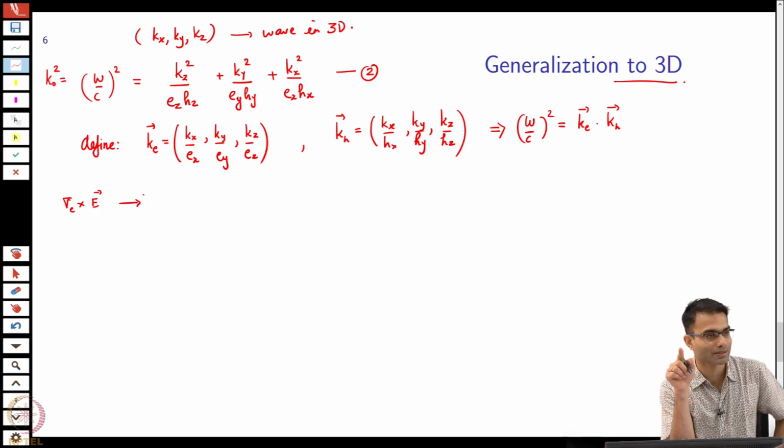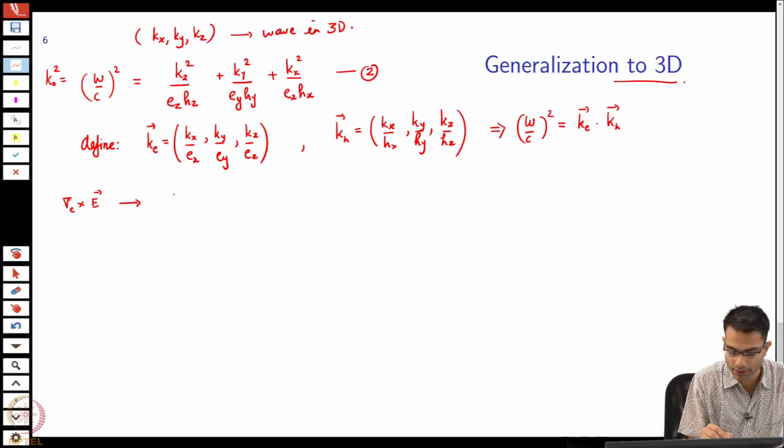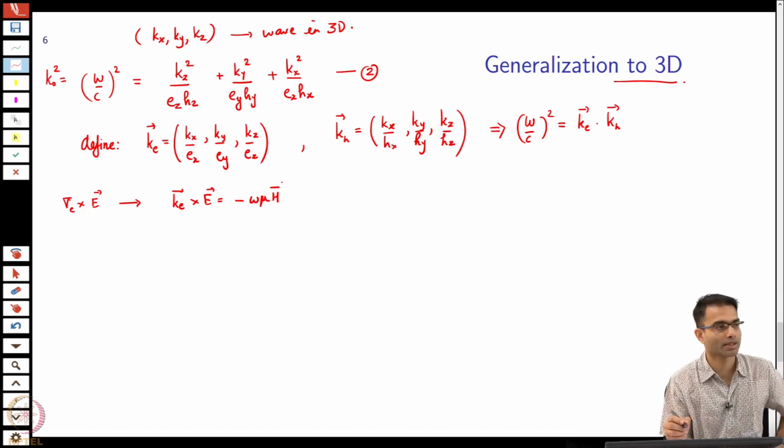So this simply becomes Ke cross E equals minus omega mu H, the j gets cancelled.